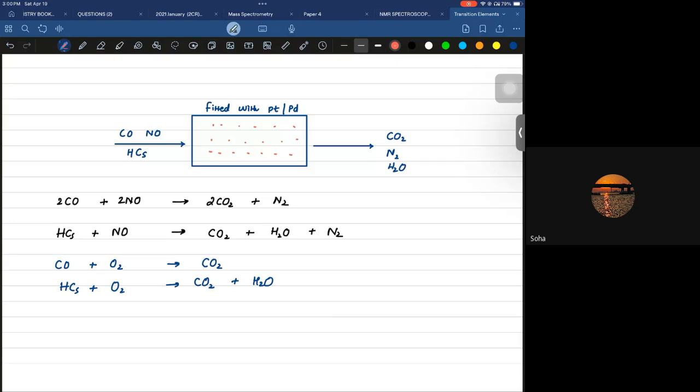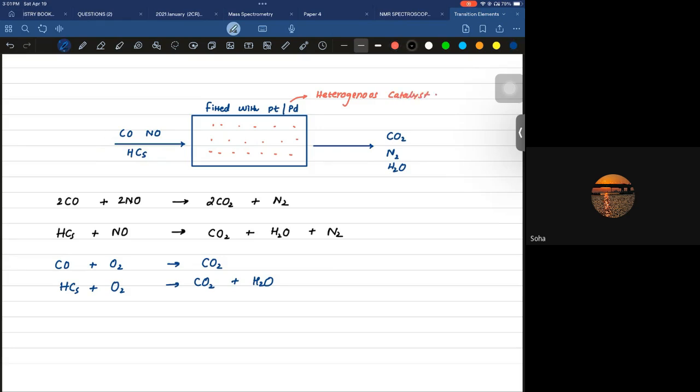You know why? Because platinum and palladium are both solids, both metals, and these are gases. So of course they have a different state. That's why I am saying this is a heterogeneous catalyst.